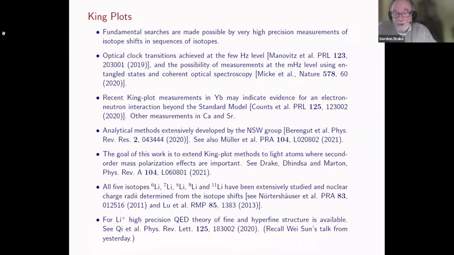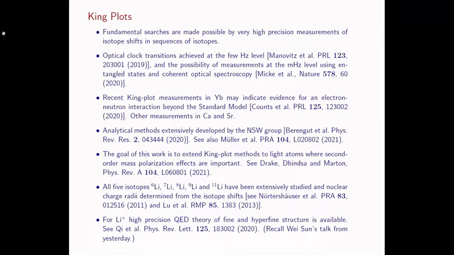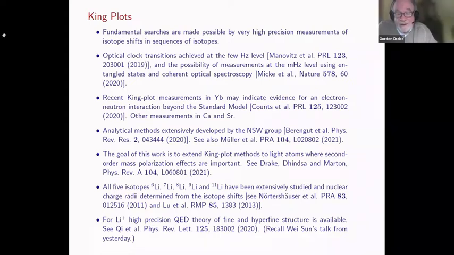The goal of this work is to extend King plot methods to light atoms where second order mass polarization effects are important. This is what has limited the applicability to light atoms and ions in the past: the contribution from second order mass polarization, which produces a systematic deviation in King plots.